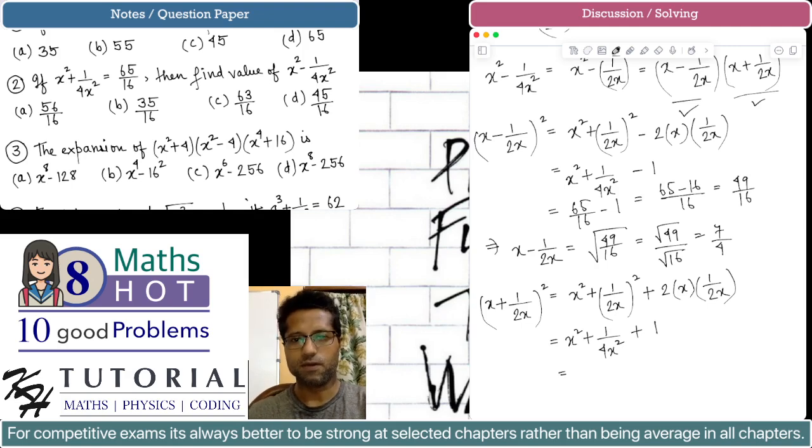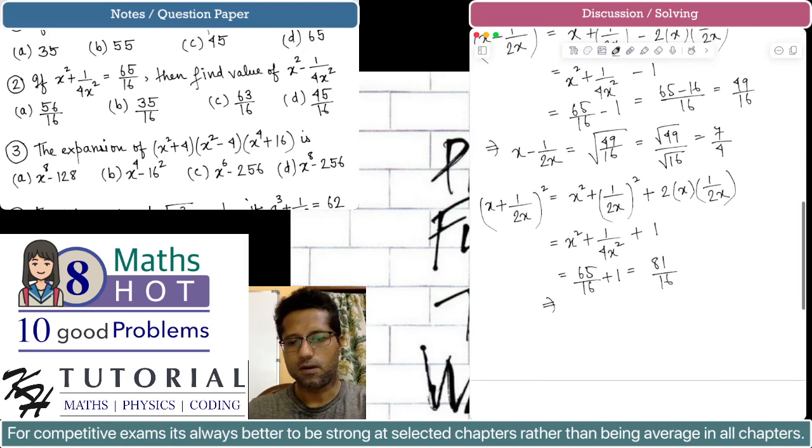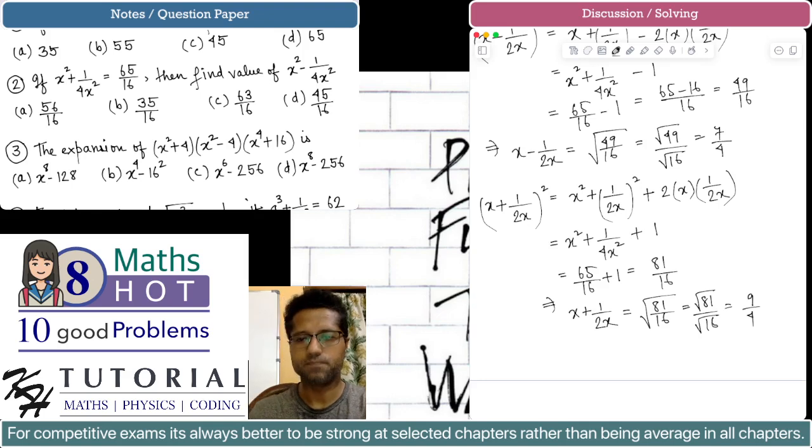The x square plus 1 by 4x square value we know as 65 by 16. So this is 65 by 16 plus 1, which is equal to 81 by 16. So this implies x plus 1 by 2x will be equal to square root of 81 by 16, which is square root of 81 by square root of 16, which is equal to 9 by 4.